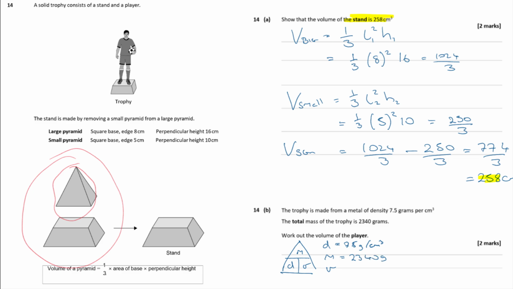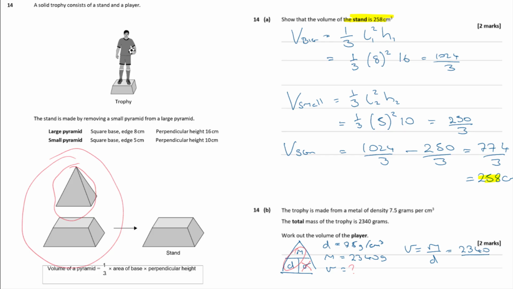These are all compatible units, aren't they? I've got grams and centimeters cubed for my volume. So that's all good. And the volume is the thing I want to find. So put my thumb on the thing I want to find. It's the V this time, so it's going to be the mass divided by the density.